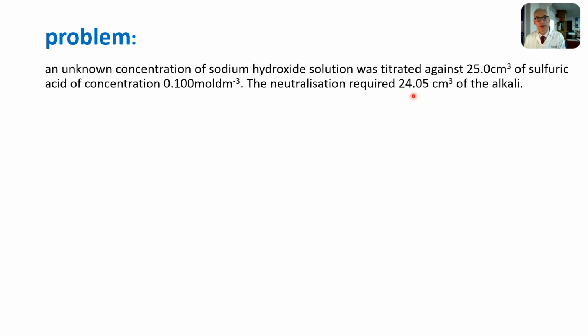The alkali, that's the sodium hydroxide, was delivered at 24.05 centimeters cubed. So 25 centimeters cubed of acid from the pipette at 0.1, and the burette delivered 24.05 to achieve neutralisation. Can you calculate the concentration of the sodium hydroxide solution?